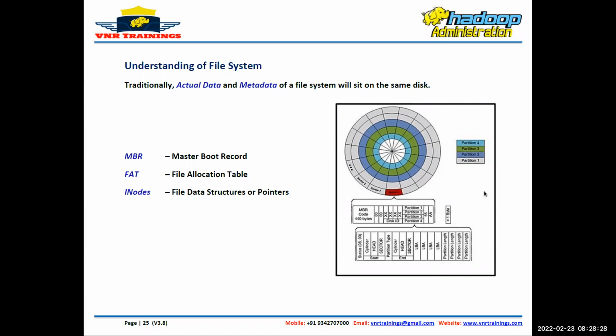All this information is stored in the file allocation table. And what is an inode? Each entry in the file allocation table is called one inode. Clear? Any questions?